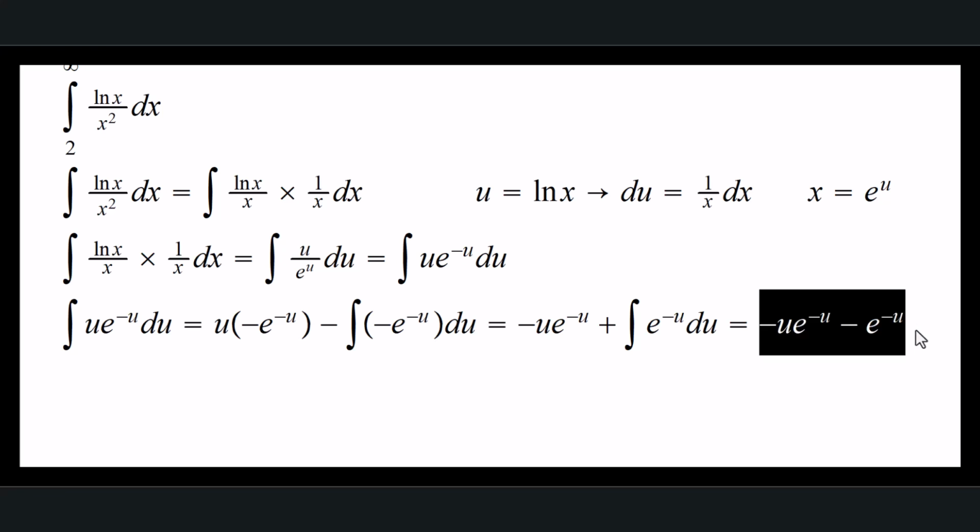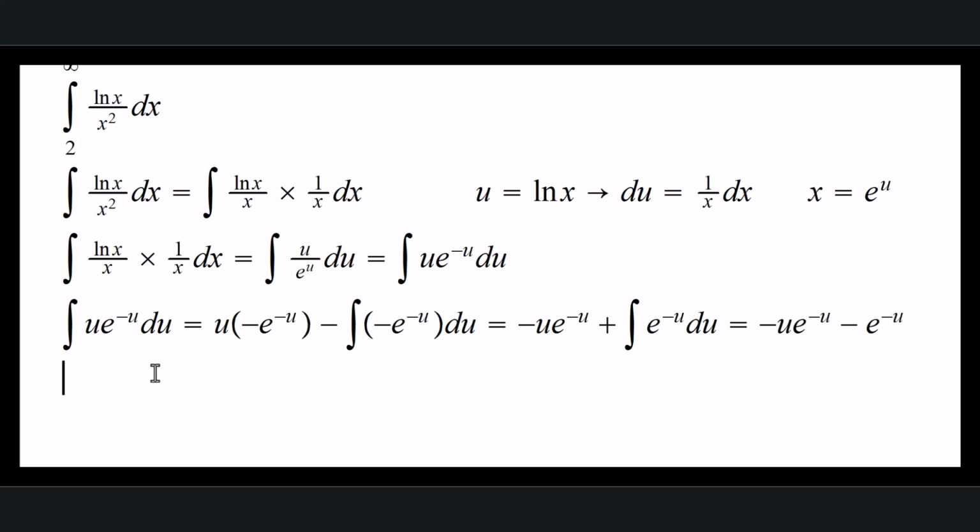So let's put this back in terms of x. u is the natural log of x, and e to the u is x, so e to the negative u is x to the negative 1, which gives 1 over x here, and then minus e to the negative u again would be negative 1 over x.